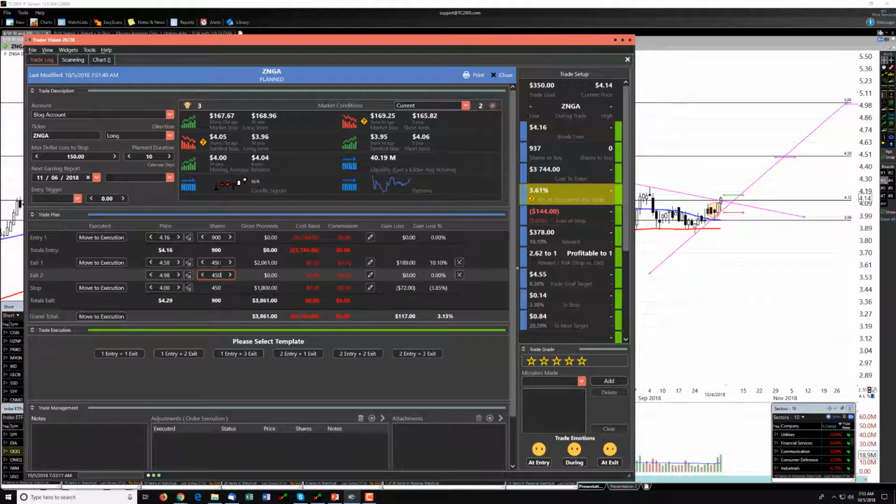However, if we can sell half and hold the remainder up to this $5 target area, we get almost 4 to 1, 3.88 to 1, and we're looking at overall almost a 15% trade and $560 in profit basically. So that will be our trade idea for today.